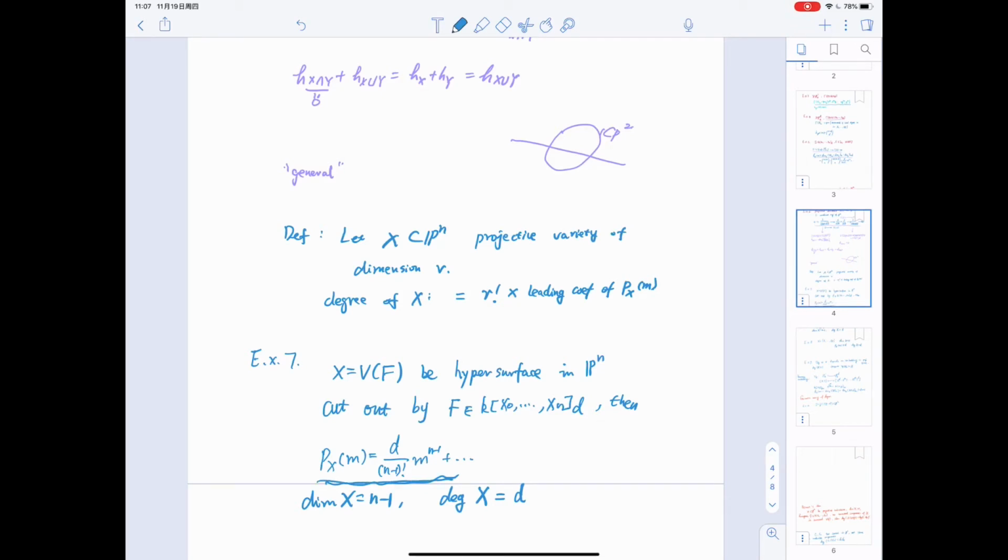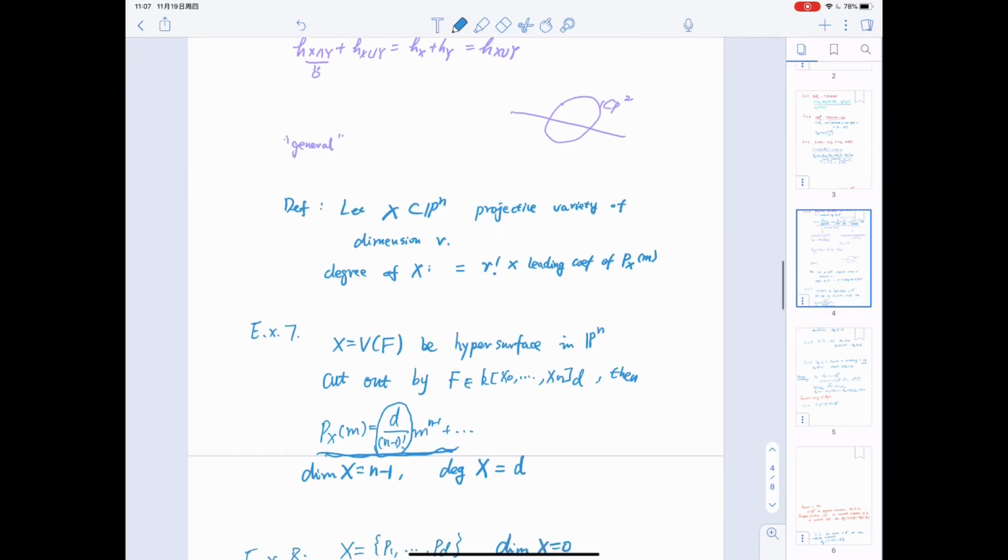And since the dimension of X is n-1, by our definition, the degree of X is the factorial of n-1 multiplied by its leading coefficient. So it is exactly d.